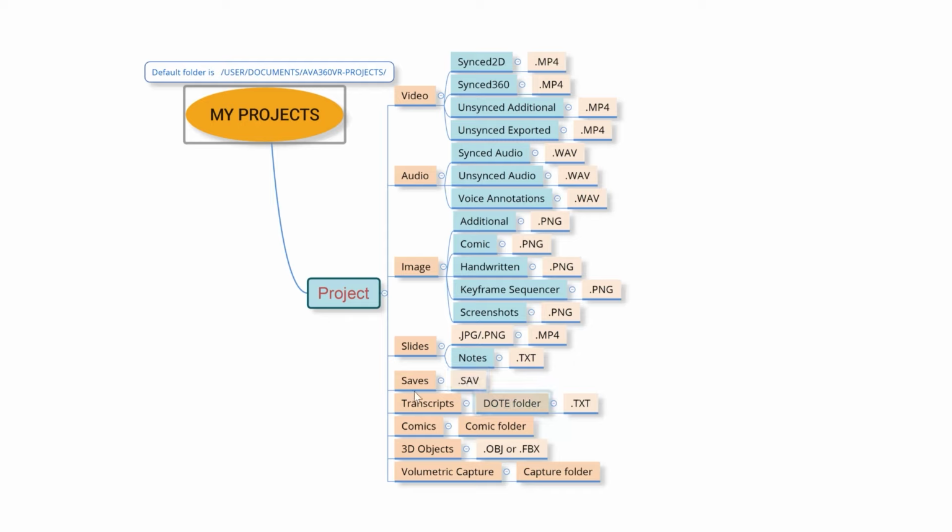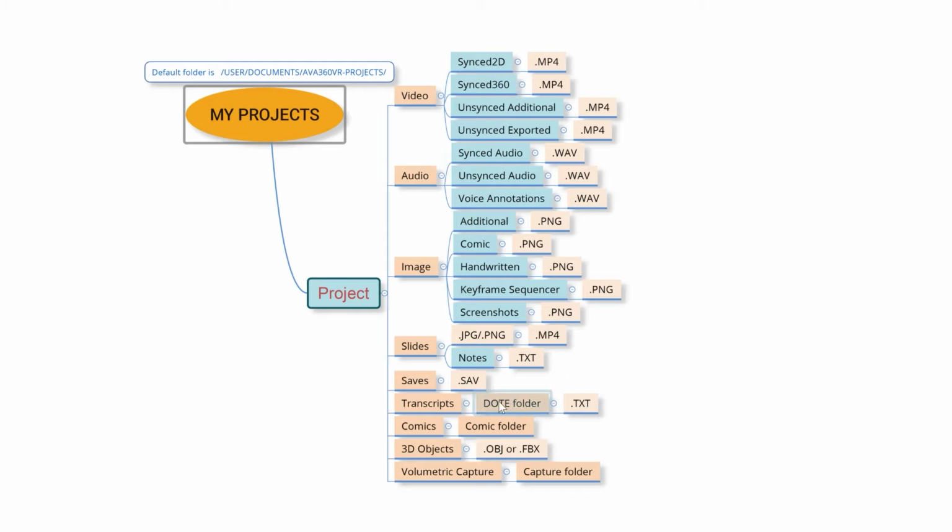Those are created automatically. And then the transcripts, we're using our own DOT software, which is for transcription. And if you put the DOT folder in here, which also has a subfolder, you don't need to worry about that. If you put the DOT folder here, then that will all work automatically in AVA360VR. You'll be able to load up your transcripts, all synced by time codes to the master Sync 360 video up at the top.